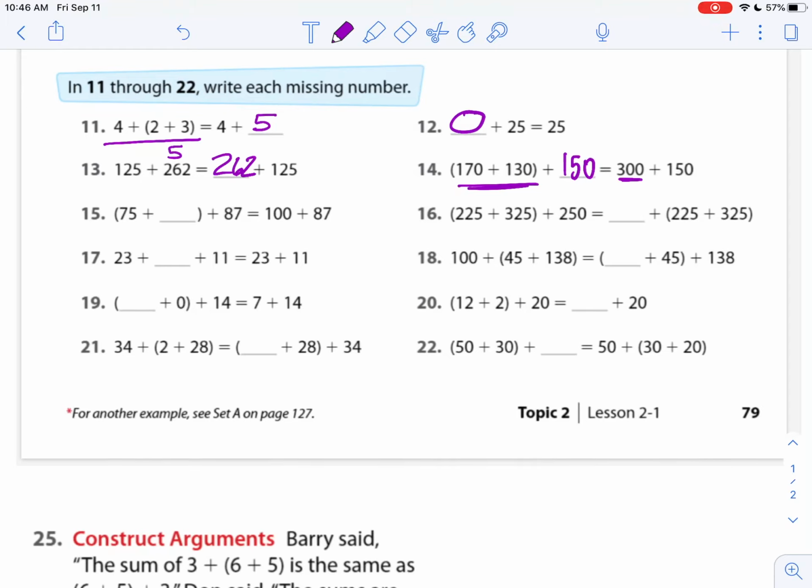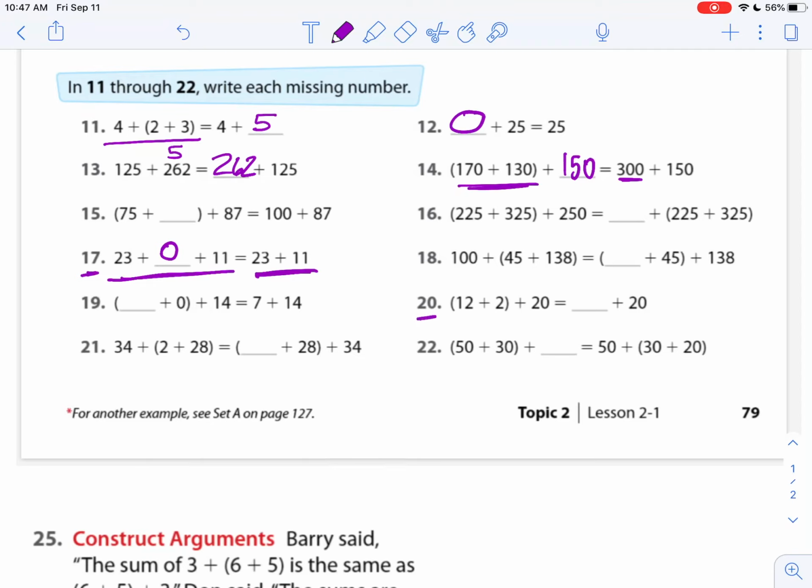Okay, let's do a couple more. So down here, let's look at 17. Look at this side, 23 plus 11. This side has 23 plus 11. So the only thing I could possibly be missing is a 0 because I've already got a 23 and 11. Kind of see how this is working?